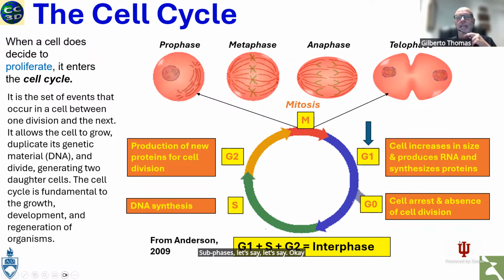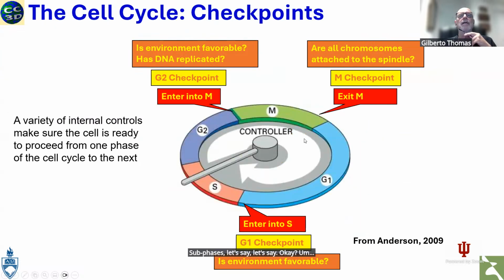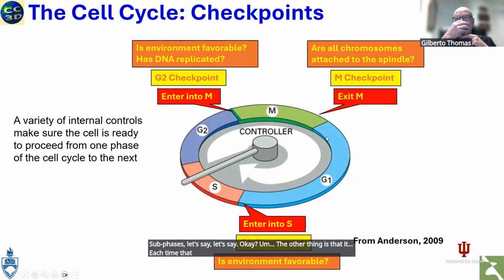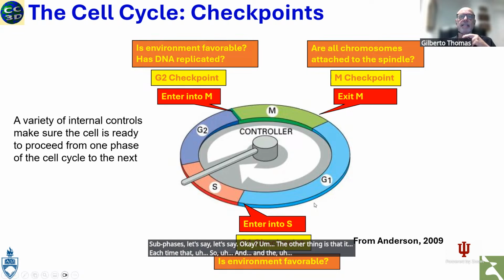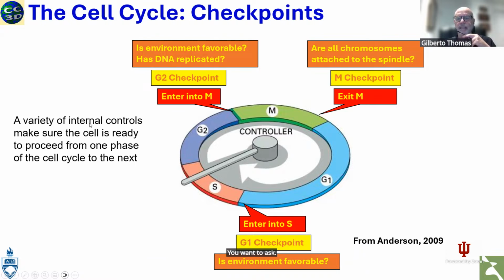The interesting thing is that each time a cell ends a phase and is about to enter another one, for example from G1 to S, the cell fires a set of internal mechanisms that we call checkpoints, and those checkpoints test the integrity of the cell.